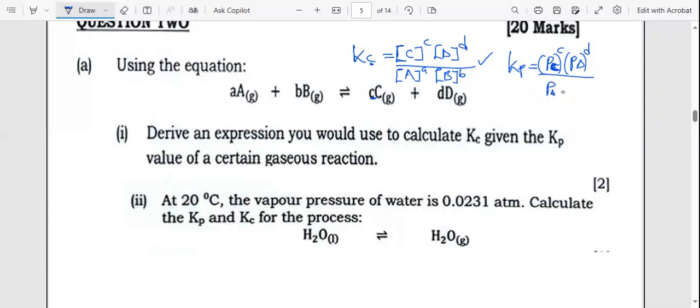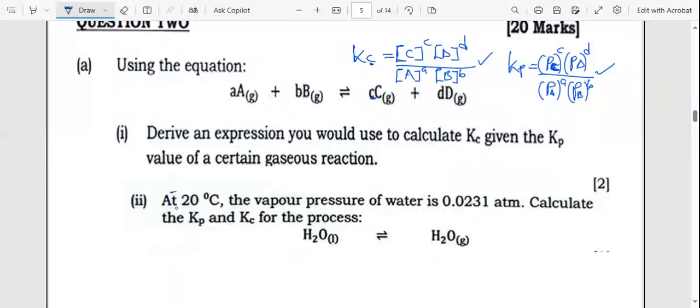So we have the partial pressure of A to the power A, and the partial pressure of B to the power B, like that. So these are the two equilibrium expressions. When you say expression, you mean just an equation.